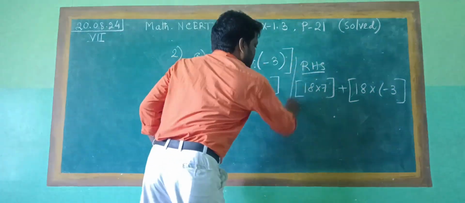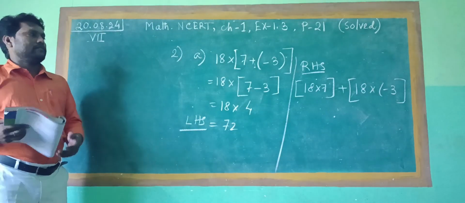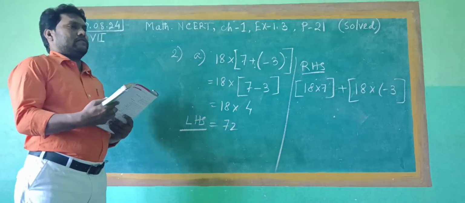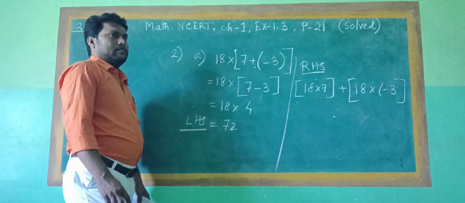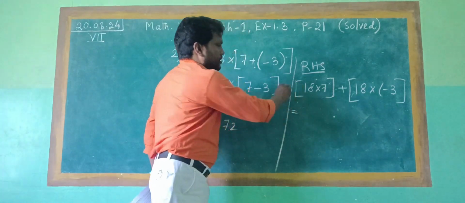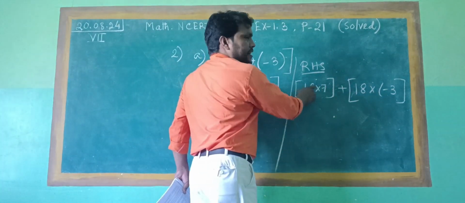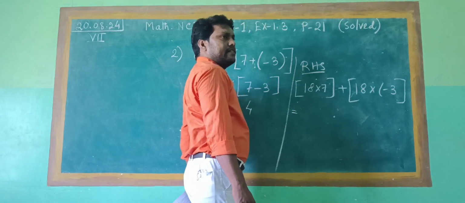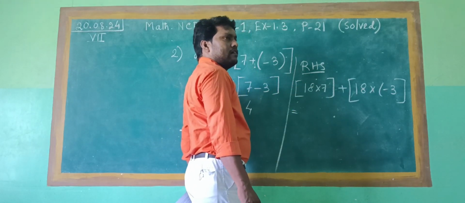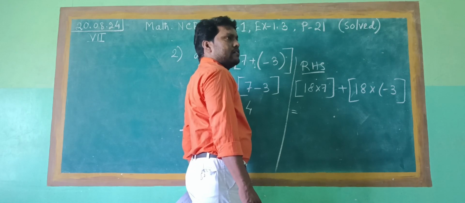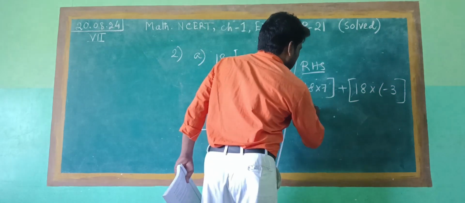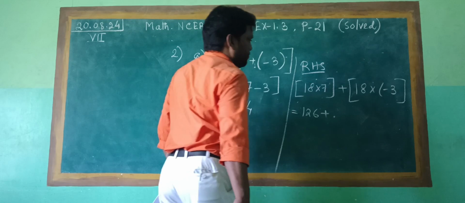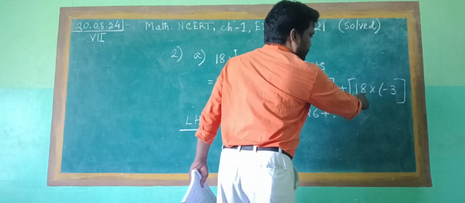This is the right hand side. Right hand side: 18 into 7 is 126. Positive plus. Look very carefully.